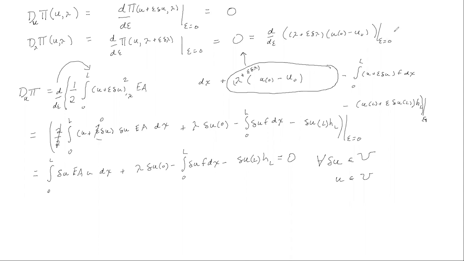So if you run this through quickly, you're going to get delta lambda. I guess these are all evaluated at 0, aren't they? Oh, and then I ran out of space here.